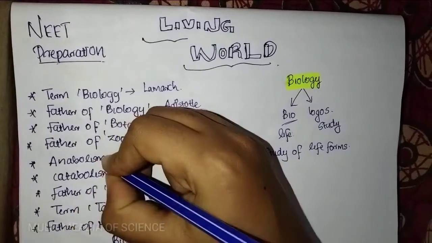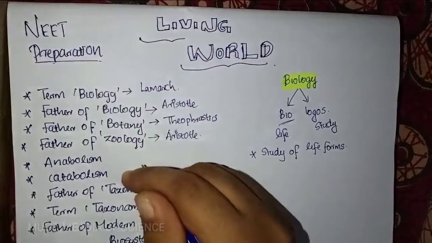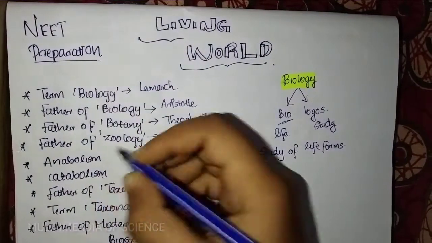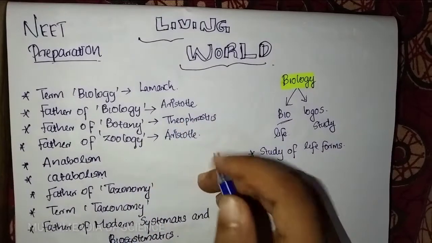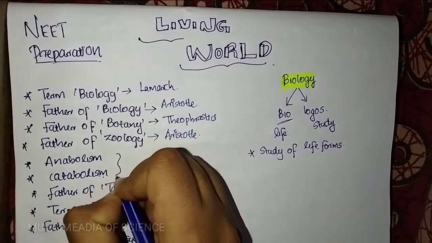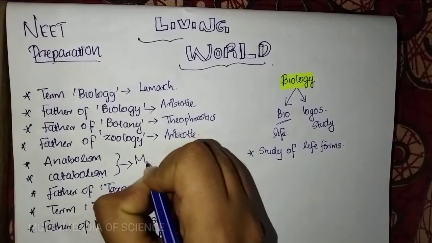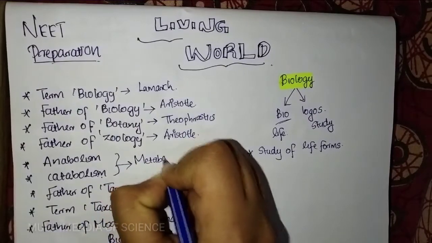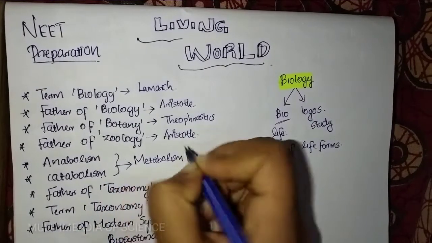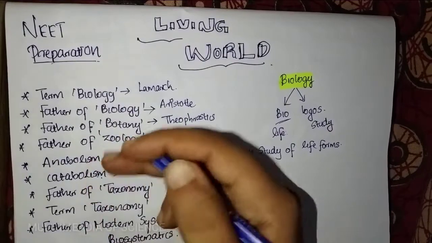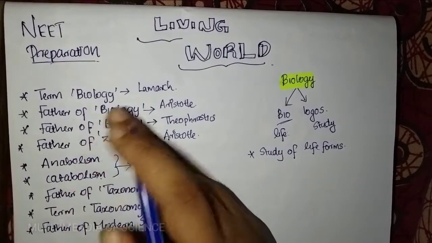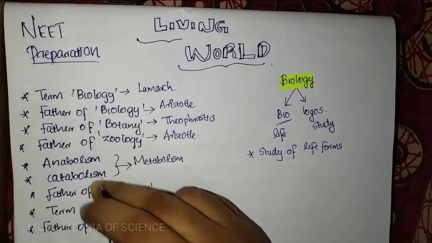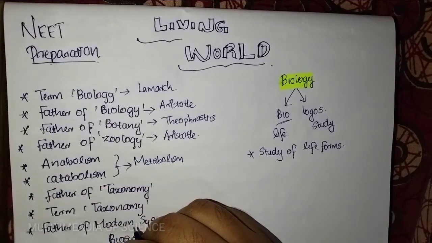Then what do you mean by anabolism and catabolism? Anabolism is a constructive process and catabolism is a destructive process. These are metabolic processes in our body, included in metabolism.